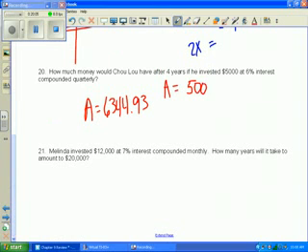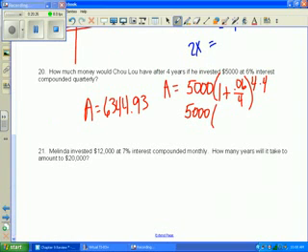One was 5,000 times 1 plus 0.06 divided by 4 to the 4 times 4. Okay, so then I would calculate it by going 5,000, and what's this? 1.015, to the 16.